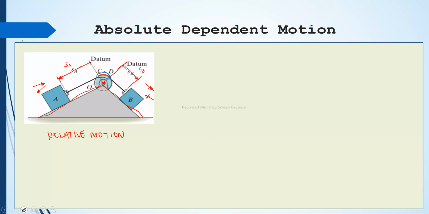So what we're going to do is form an equation of the total length of the cord. Let L symbolize the total length of the cord. For this example, the total length of the cord from A to B is equal to the length SA plus the length CD plus the length SB.